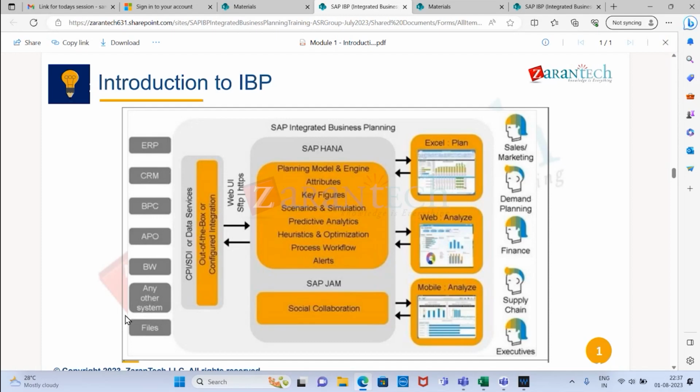So what SAP does is basically data crunching and data analysis. SDI is smart data integration, and it does the data integration and simulation. It uses various planning models, attributes, and various key figures. Scenario building also takes place.